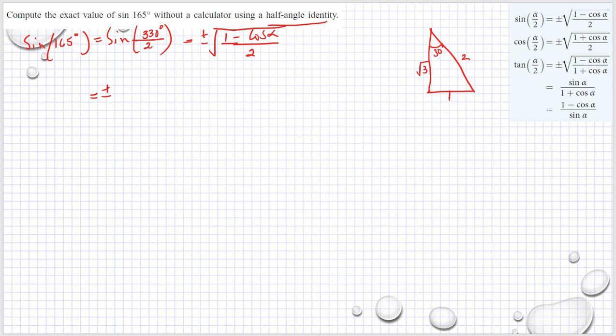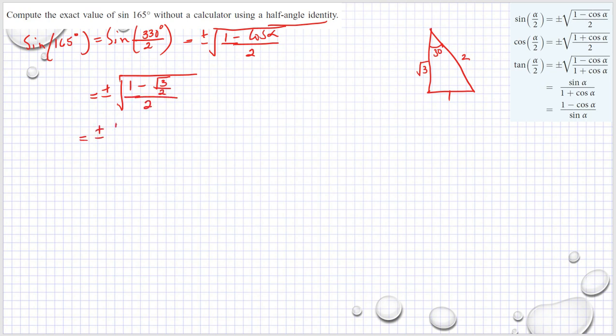Okay? So sine, the opposite side, that is 1/2. Cosine, I should say. Cosine is square root of 3 over 2.